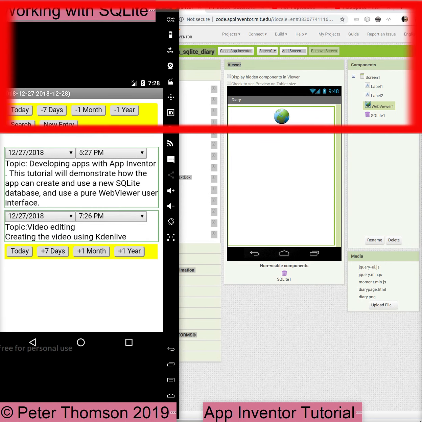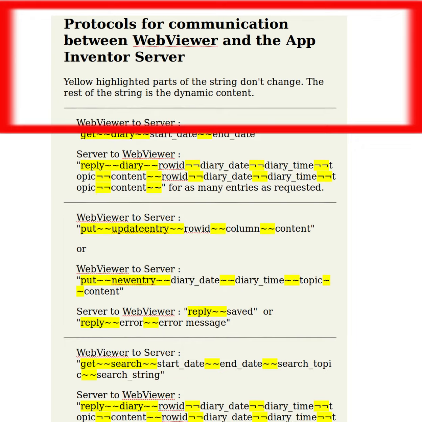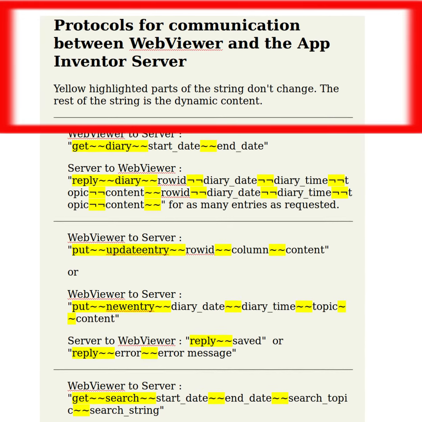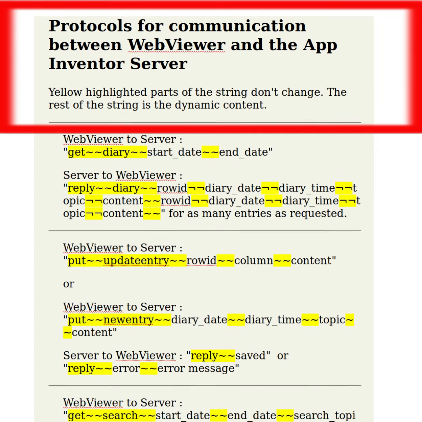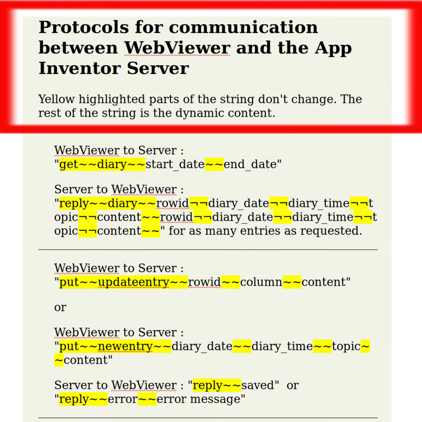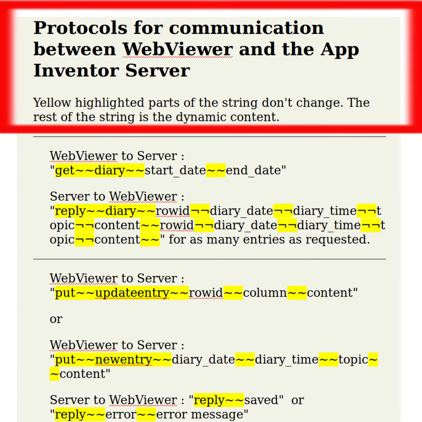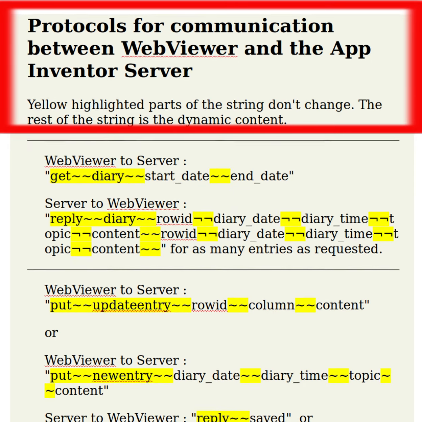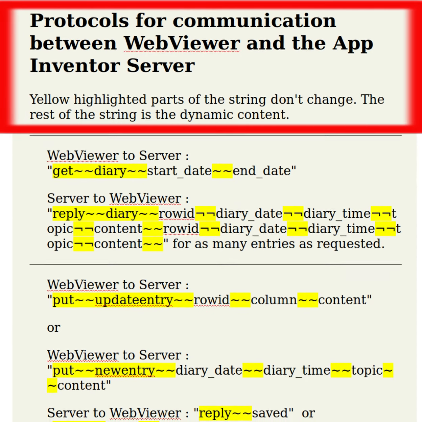The protocol that I'm going to use for this transfer from the App Inventor blocks to JavaScript is not exactly the same as we used for the cookery book in the previous tutorial. The web viewer is now in charge and initiates each transaction. The rest of the App Inventor blocks acts as a server that responds to the request.